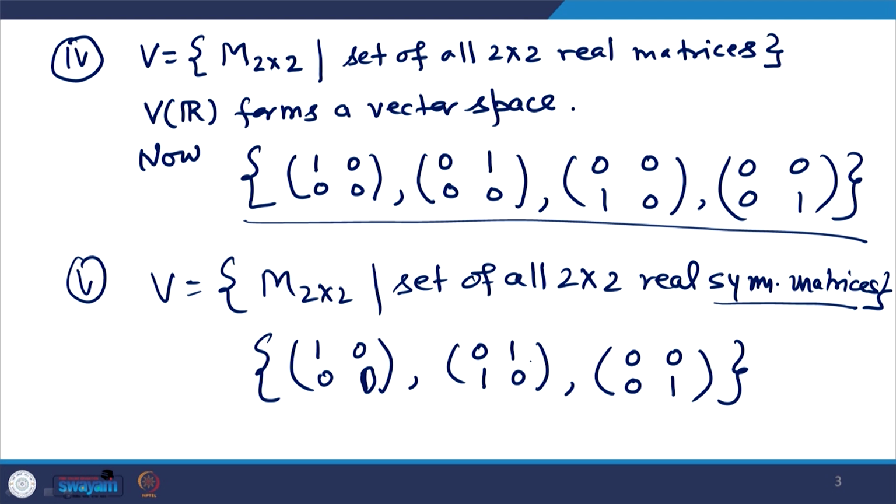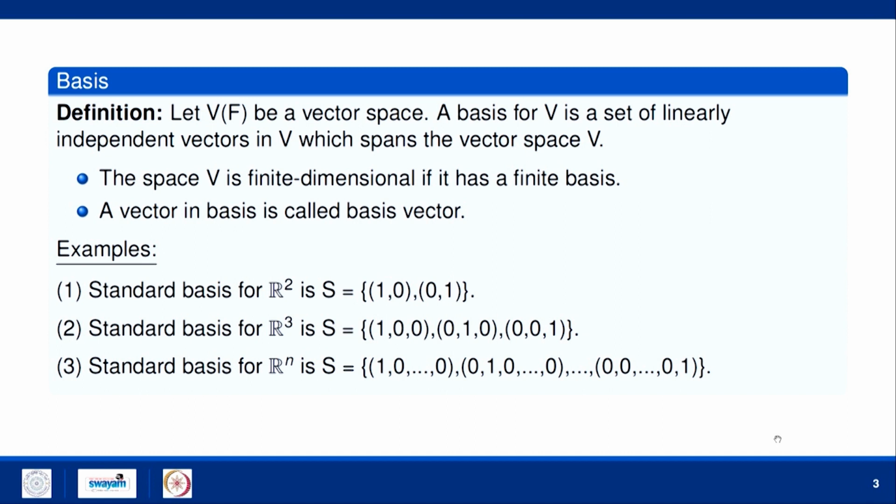So, this basis will have 3 vectors, while the previous one has 4 vectors. These are some examples of bases of different vector spaces.